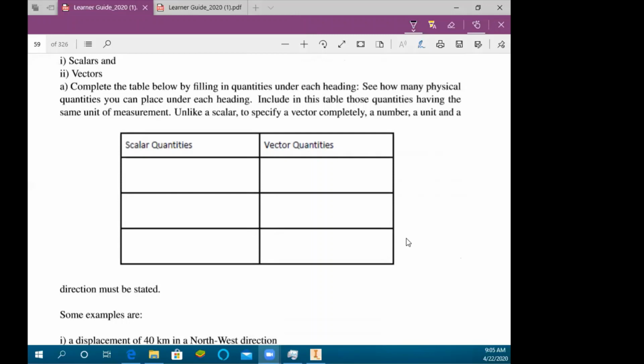I'm just going to call your name, then you say the quantity. Okay, so on the scalar quantity, I'll start with Mahlatsi Maloma. Can you give me one example for a scalar quantity here? Time. Time, okay.